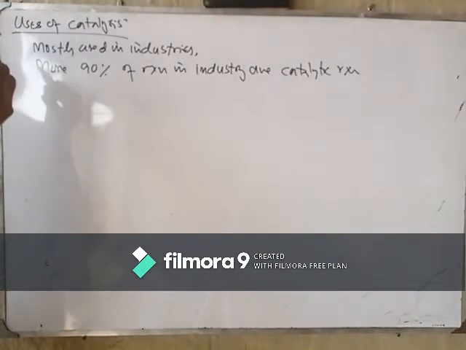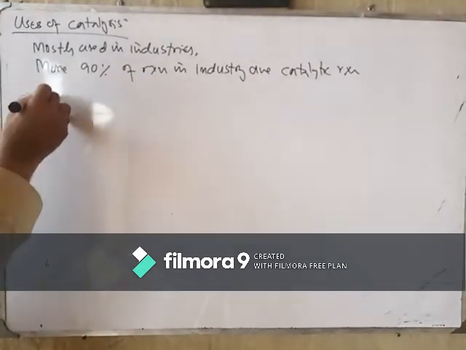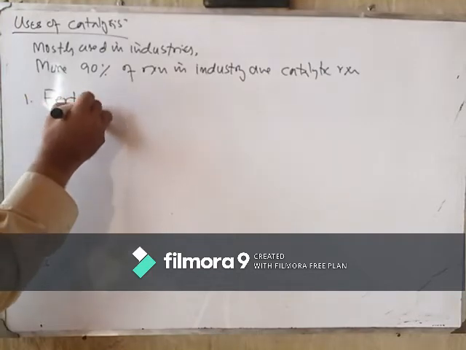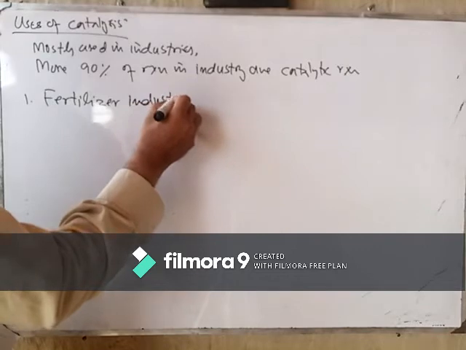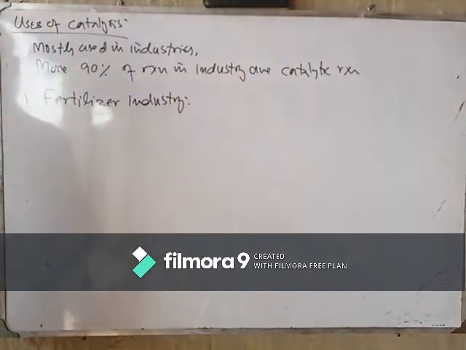For example, कुछ example लेते हैं. Number first, fertilizer industry, that is the synthesis of urea.